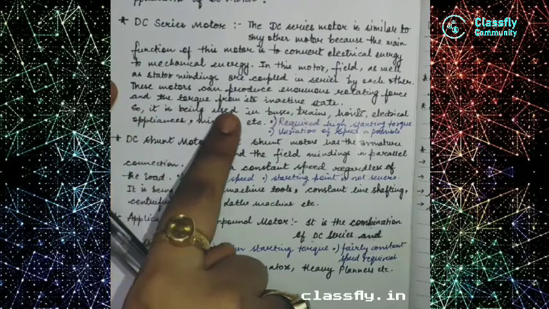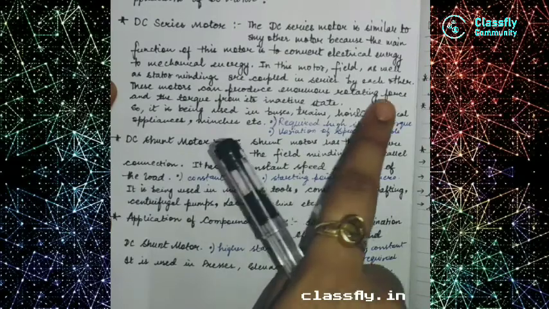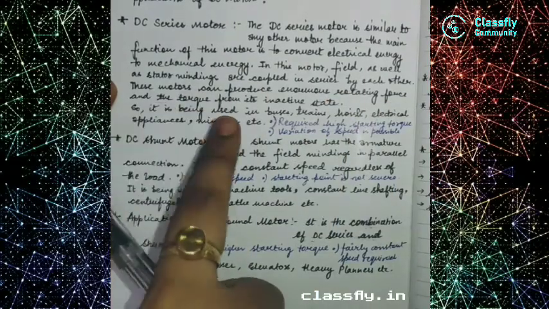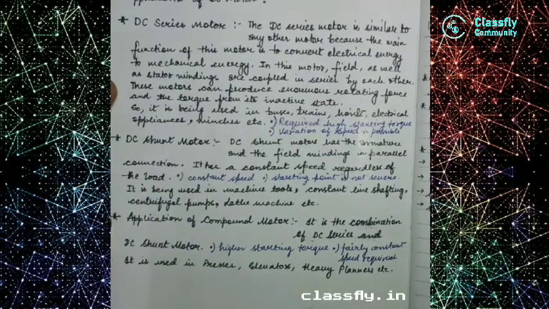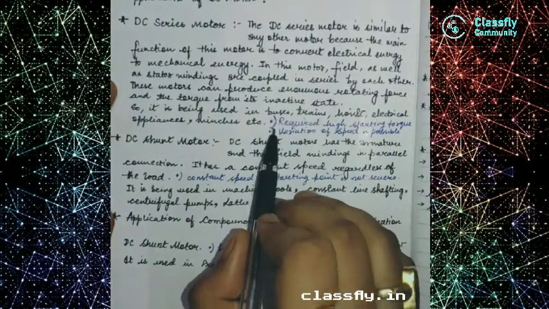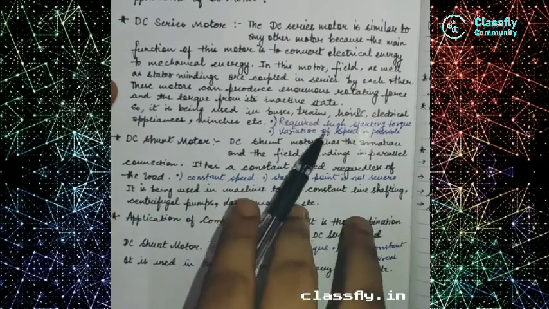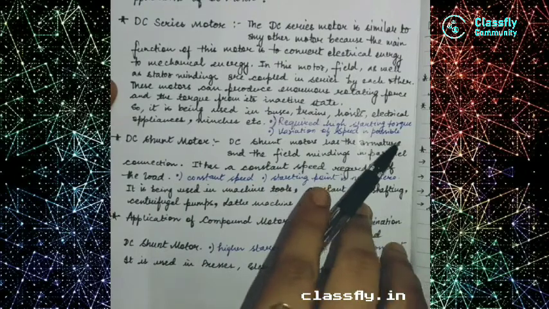So it is being used in buses, trains, hoists, electrical appliances, winches, etc. Why they are used, I have written in another color: because they require a high starting torque, and variation of speed is possible.